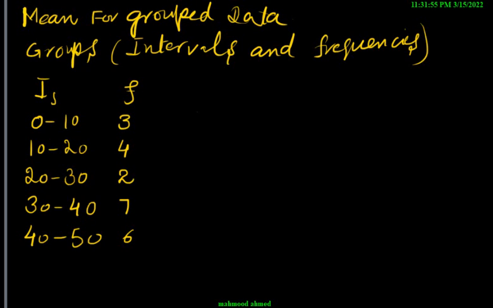This information is given most of the time in the question, and it says calculate the mean of this data, and the mean is generally represented by X bar. So this is the information we obtain in the question or in the exam, and we are set to calculate the mean of this data.